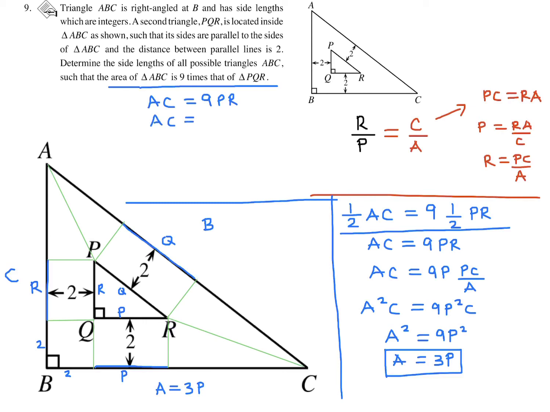AC, this time, for P, I will enter this one right here, RA over C. So I've got 9RA over C. Cross multiply the C and you get AC squared is equal to 9R squared A. The A's cancel and you're just left with 9R squared is equal to C squared. Take the square root of both sides and you get C is equal to 3R.